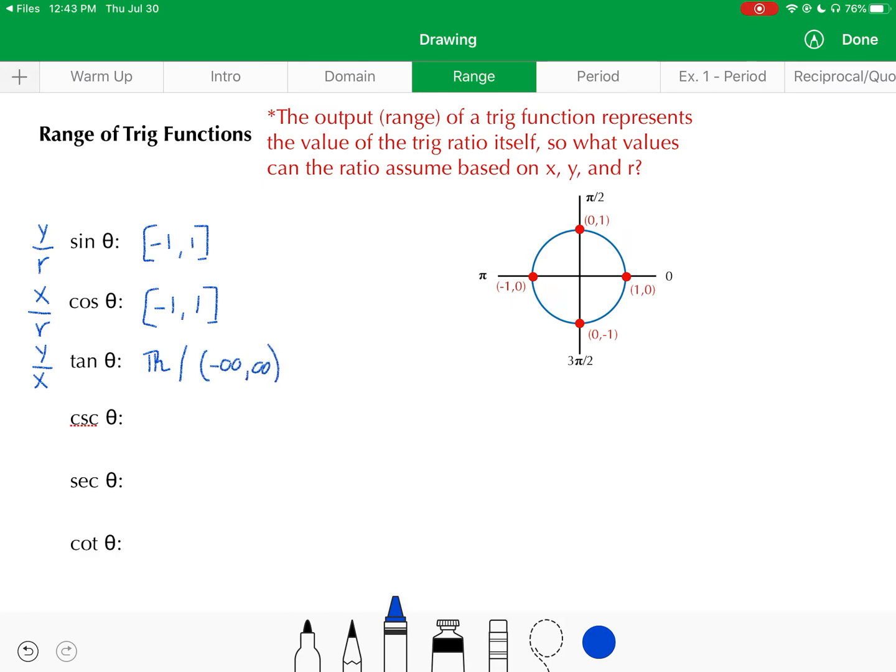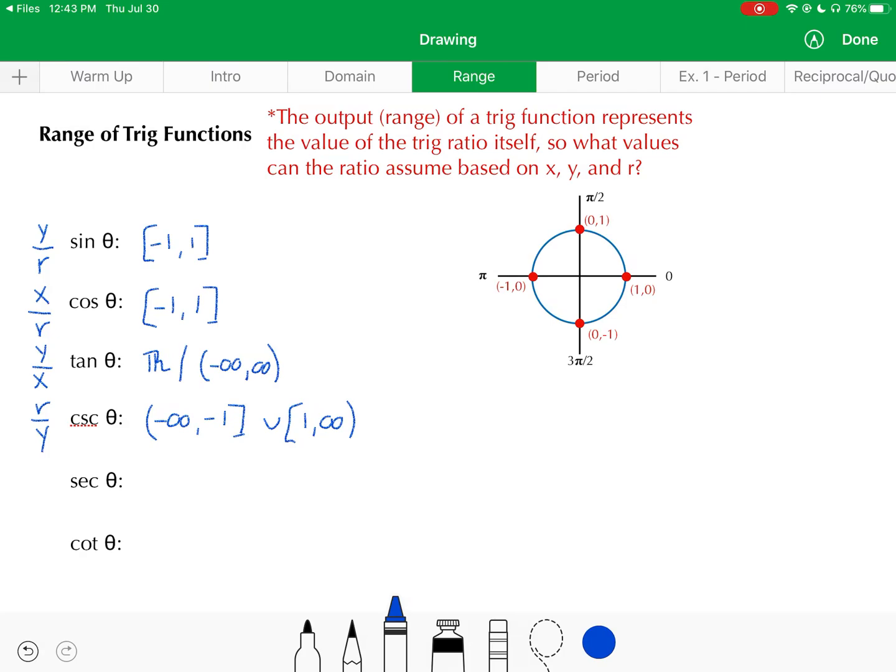Okay, cosecant, r over y. This is going to be the exact opposite as it was for the sine function, okay? Now it's the denominator that's always going to be smaller than the numerator, or maybe they could be the same size. So that means this is going to result in values from negative infinity to -1, as well as from 1 to infinity.